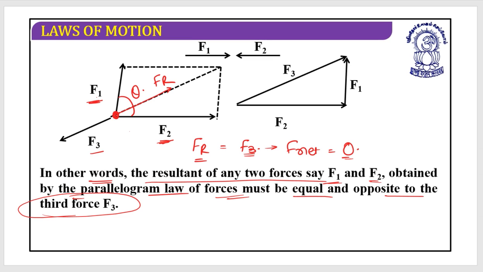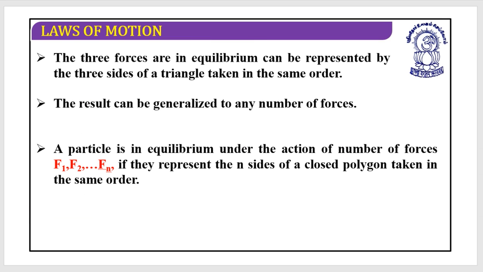If I cannot achieve this, my system is not in equilibrium. Is it clear? So three forces in equilibrium can be represented by the three sides of a triangle, taken in the same order, so that their summation is 0.